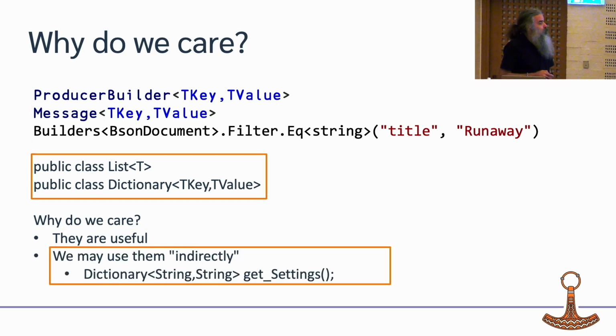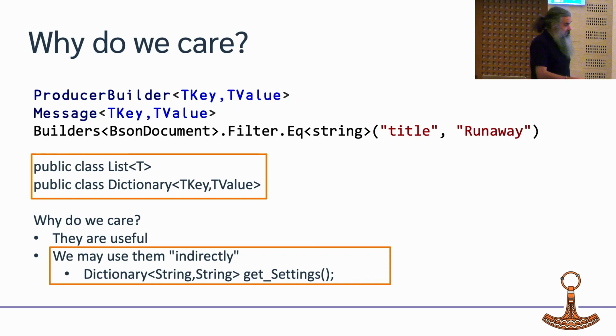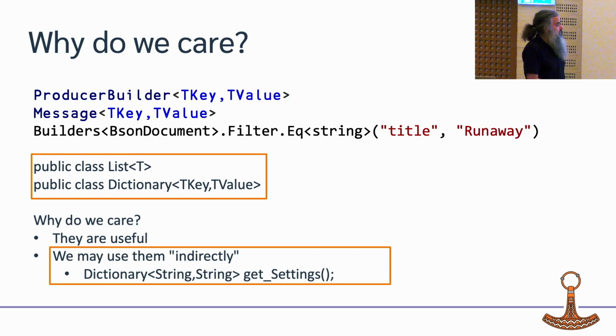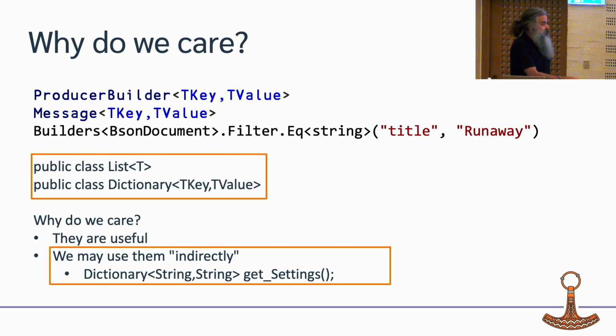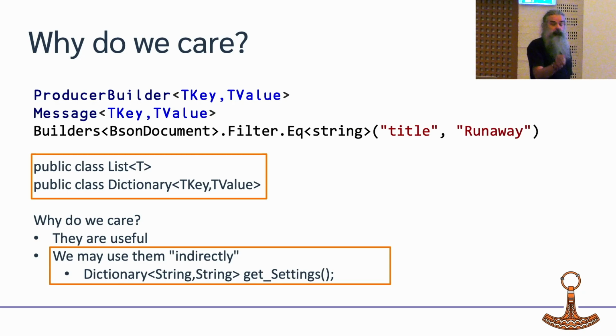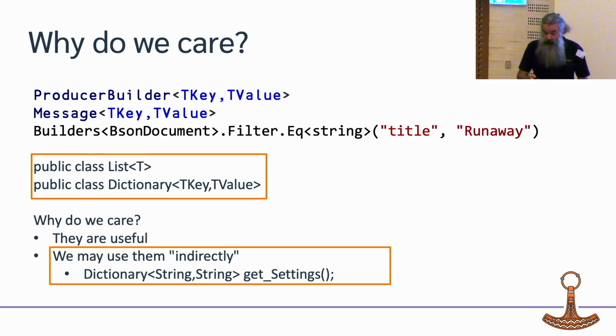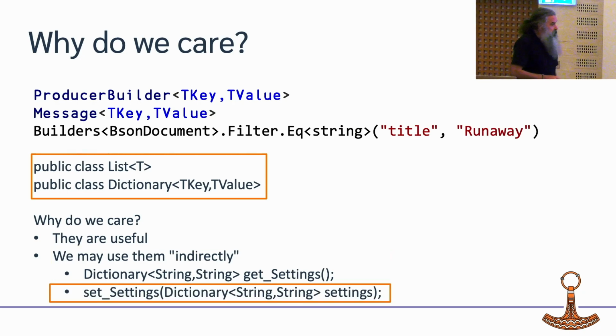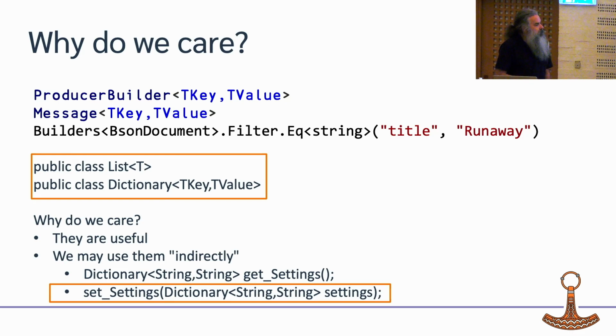There may be cases where we call a function, in this case set settings, which returns an instance of a generic class. Now, to be fair, this one pretty much just works because it's returned to us in APL as an object, and we could just manipulate it and do whatever we like with it. But if we're obliged to give one of these back to a set settings function as an argument, then we might need to create one of these.